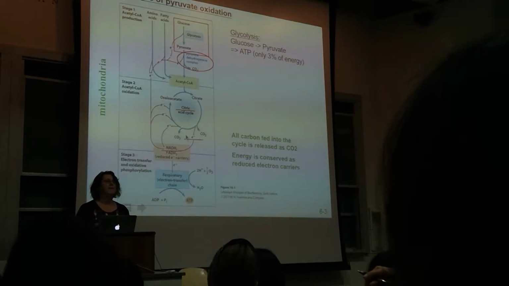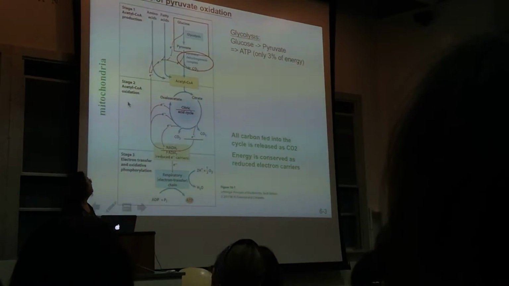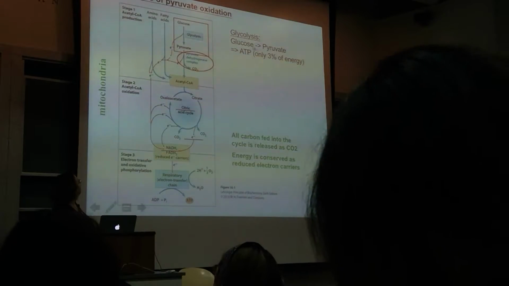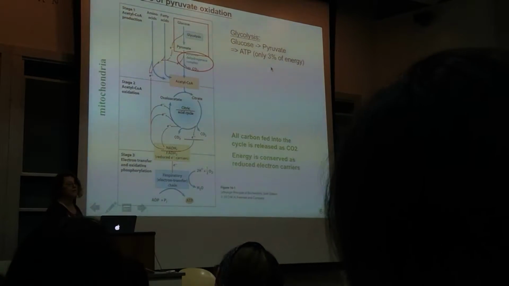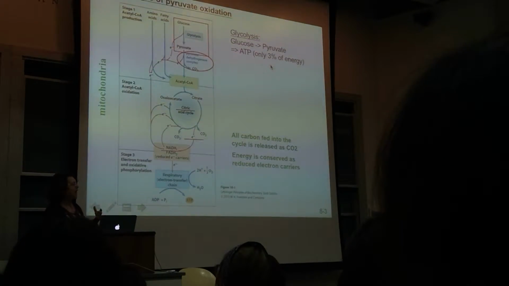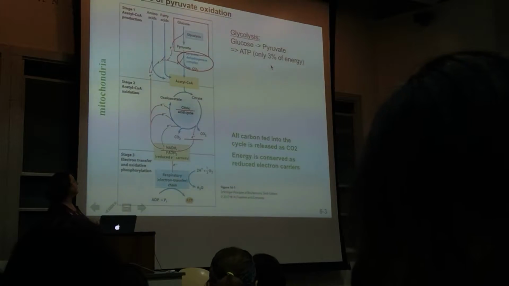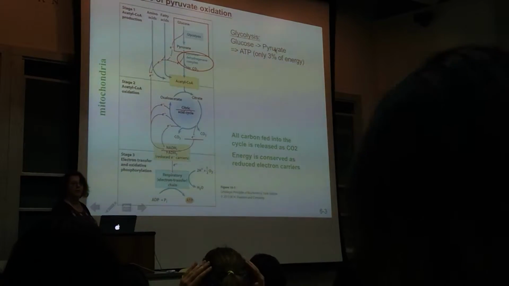So I mentioned that we want to use all of the energy, right, that's stored in pyruvate. So in the very first part of glycolysis, glucose to pyruvate, as energy forming molecules, ATP, you're only getting 3% of the energy. The rest of it's stored in pyruvate.